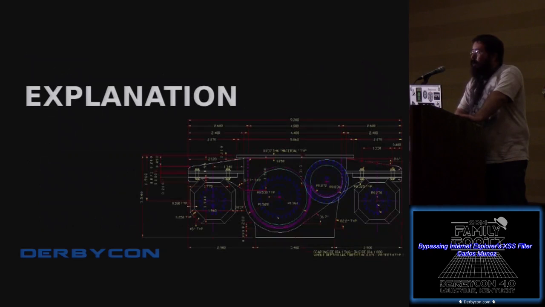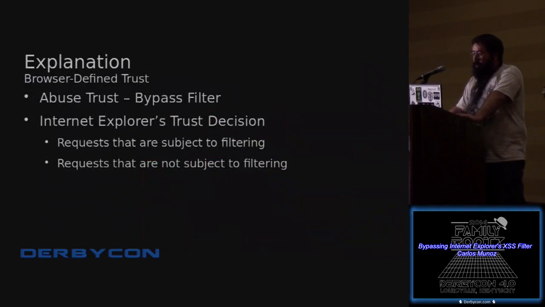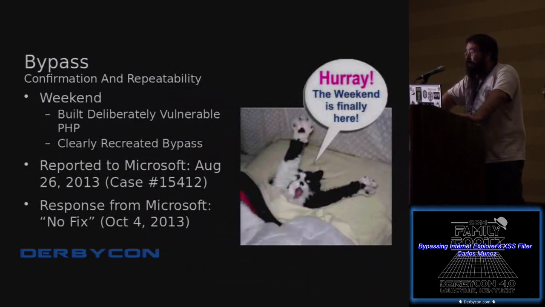So what's going on? Yes, no fix means there is not a fix now, and there will not be a fix for this at any time in the future, to the best of my knowledge. So this is vulnerable. It has been vulnerable for at least a year, and in all honesty, I'm probably not the first one who discovered this.